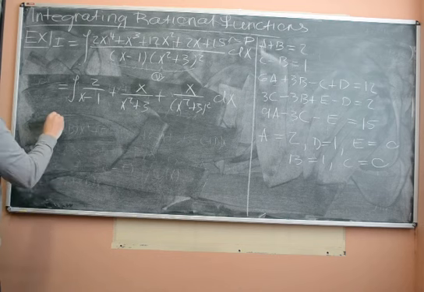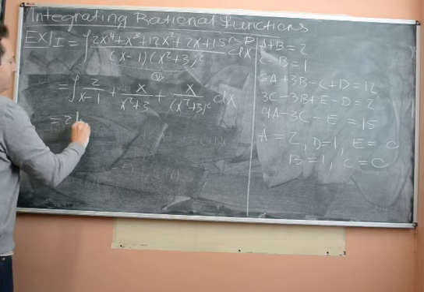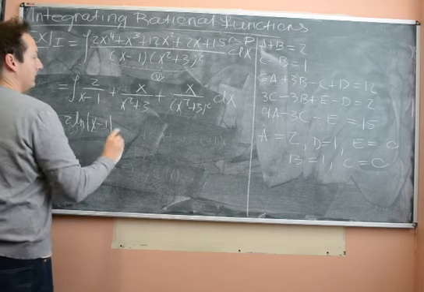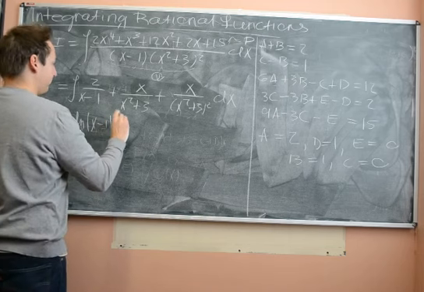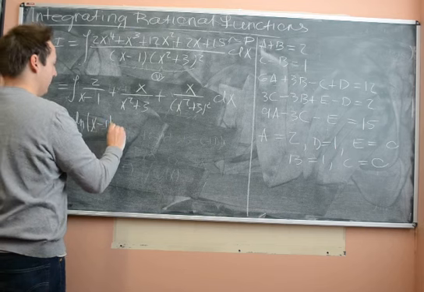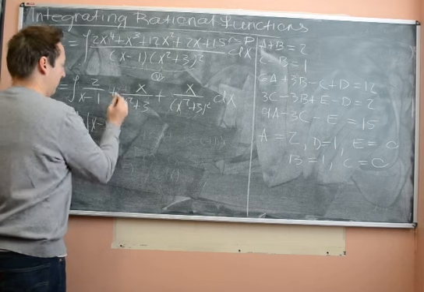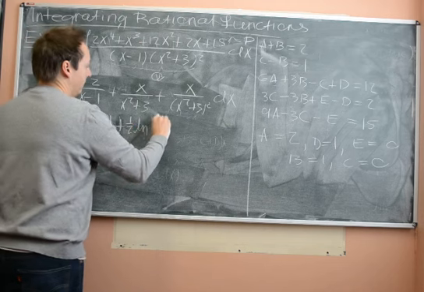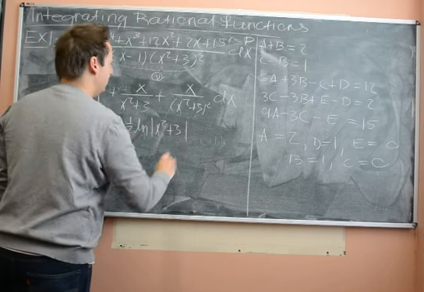Integrating this, the first expression gives 2 ln of x minus 1. The second one gives 1/2 ln of x squared plus 3.